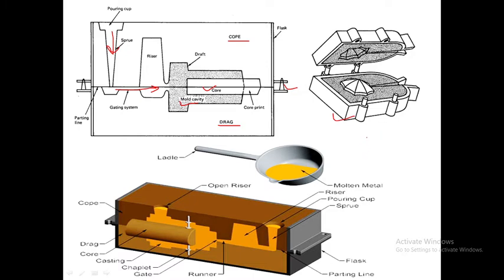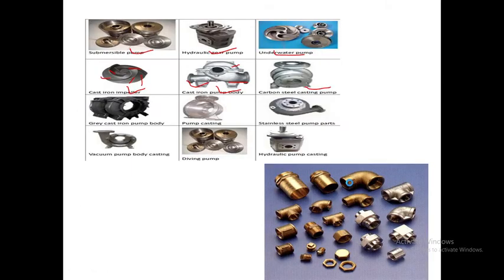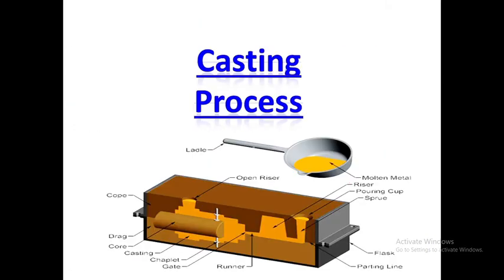After that we get the required size and shape of that Ganpati idol. This is one of the known examples of casting which everyone knows. Let us see one small video of this casting.